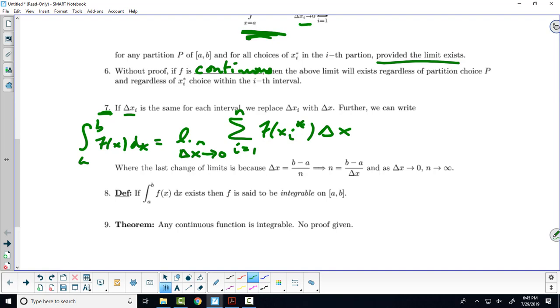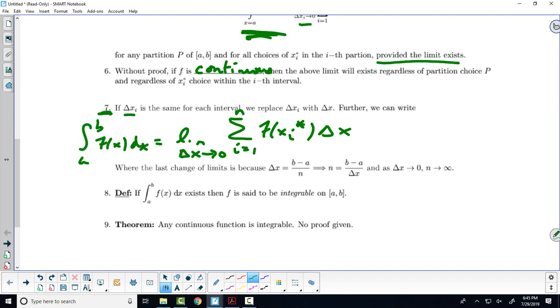Notice that this is a much simpler limit, because now there's just one quantity that's going to 0, not all the widths of the rectangles, just the width that's common for all these rectangles is going to 0. But it still has to hold for any partition.